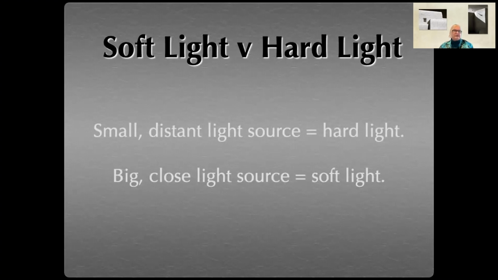Well, no, because we can add a diffuser to soften the light. We can use an umbrella or a softbox or other kinds of diffusers. And then instead of the flash head being the light source, the diffuser becomes the light source. And that's much bigger.